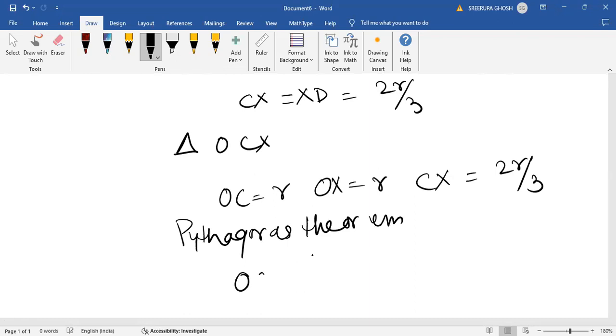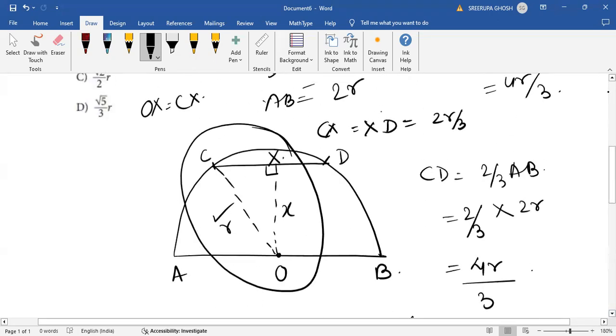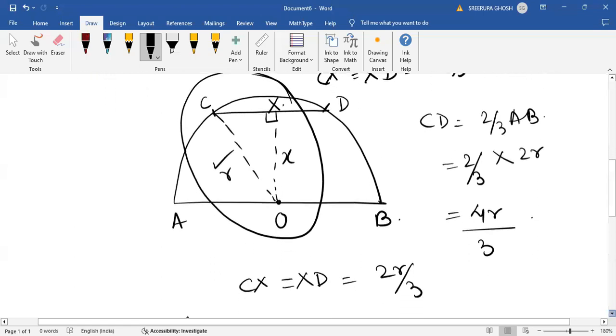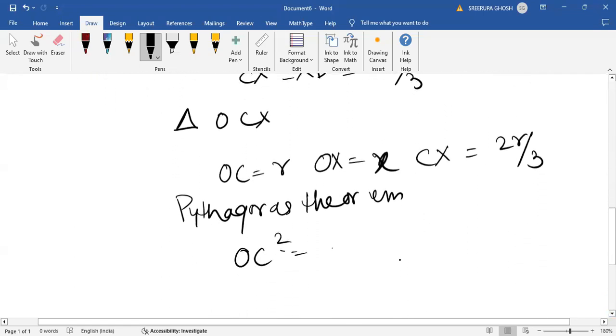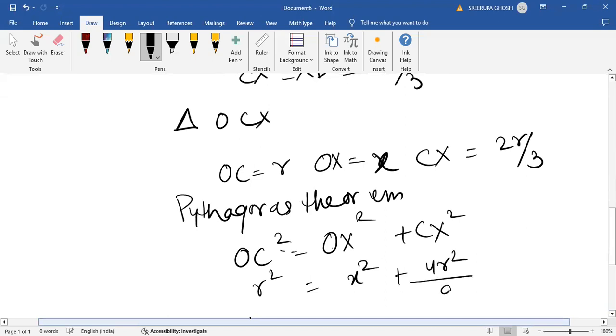So OC square is the hypotenuse. OC square is equal to OX square plus CX square, which is R square equals X square plus 4R square by 9.